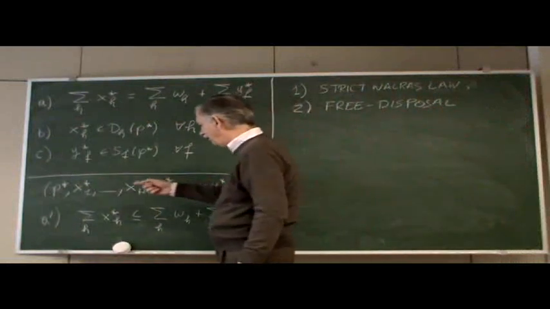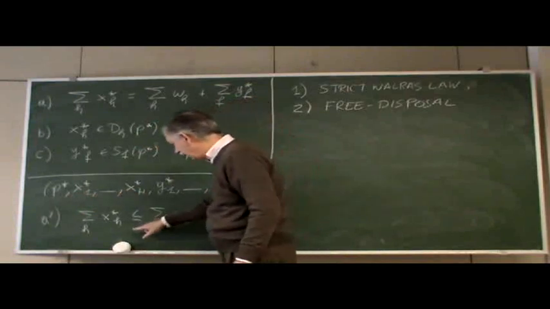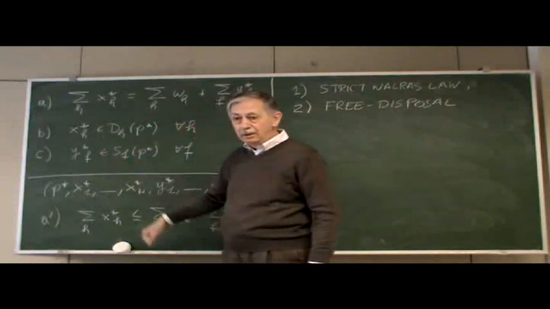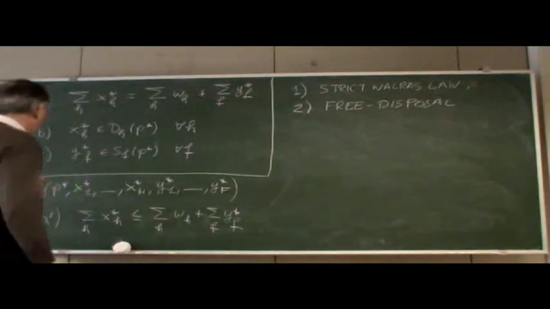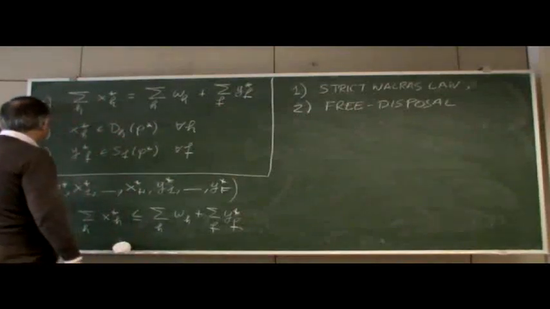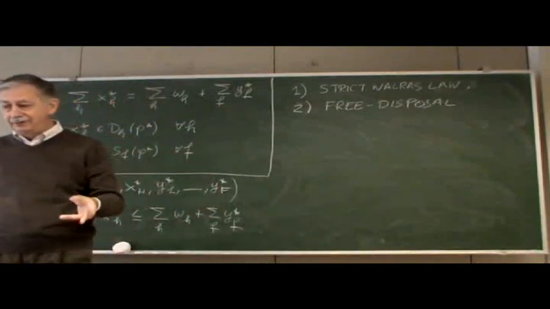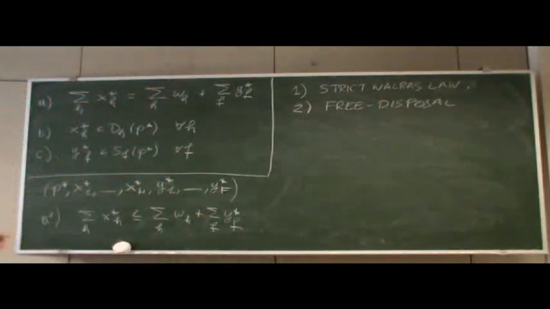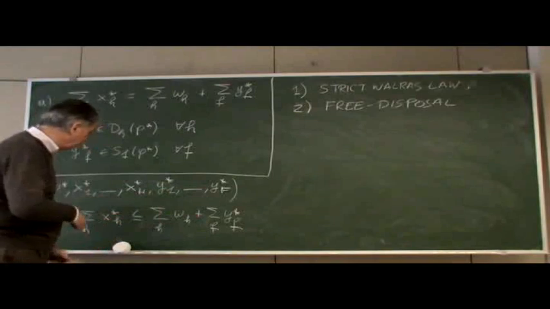Suppose that we found a vector like this, which verifies A prime, B, and C. We must prove the existence of another vector like this, which verifies A, B, and C. Is it clear? This is the more difficult part of the theorem, however, it's not very difficult. Well, we know that there exists a vector which verifies this inequality.